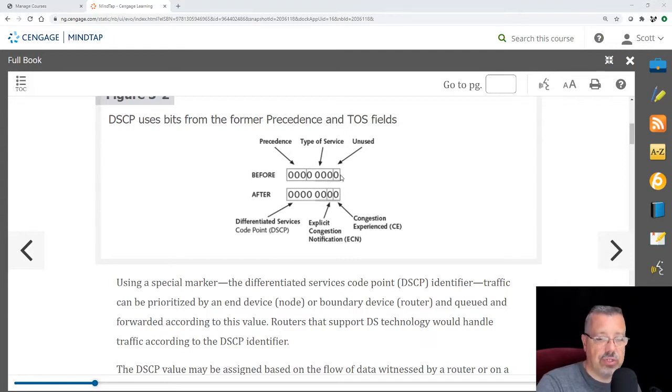They changed it with differentiated services. It's not really terribly important, but now we get 6 bits of DSCP, and then 1 that tells it whether we can actually use congestion notification, and then whether or not we're having congestion.